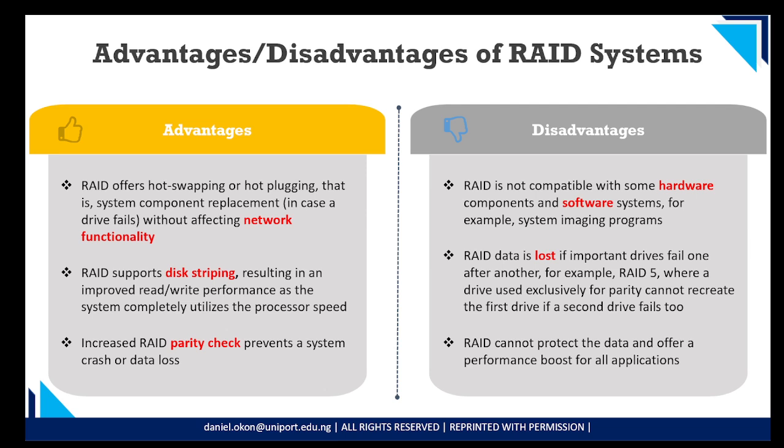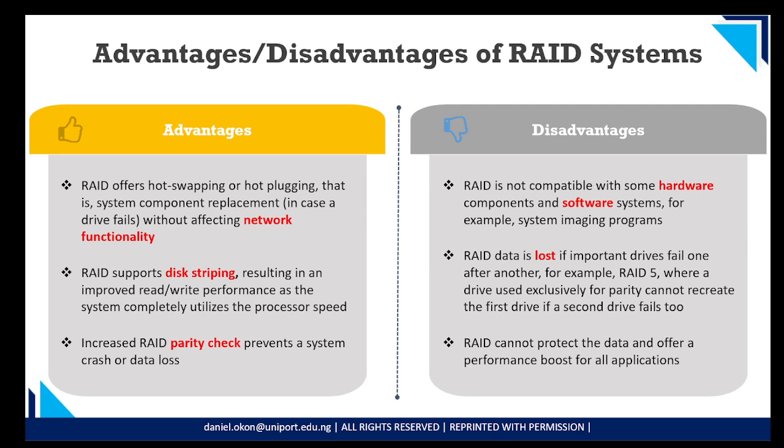While a car engine is running, if the car engine fails, can it swap to another engine immediately? That is hot swapping. Meaning that while this system is on, I should be able to go and remove one hard disk and replace another one, and nothing fails. That is system component replacement without affecting network functionality.